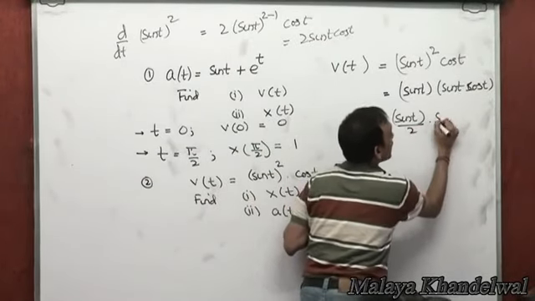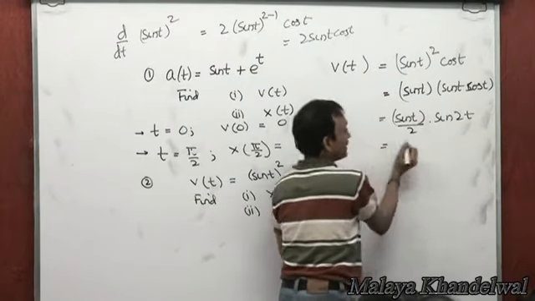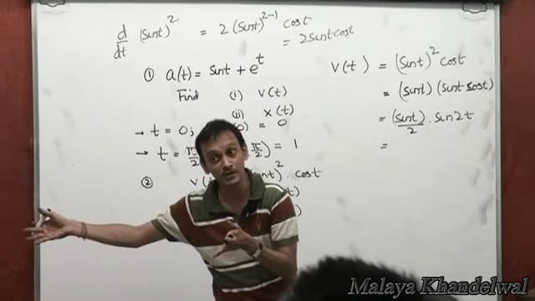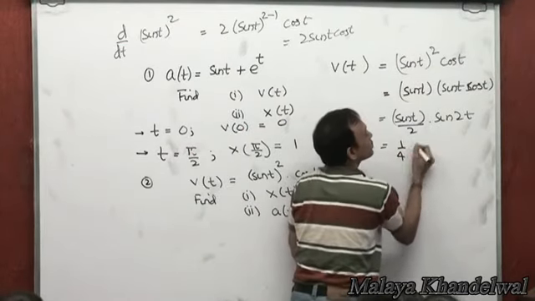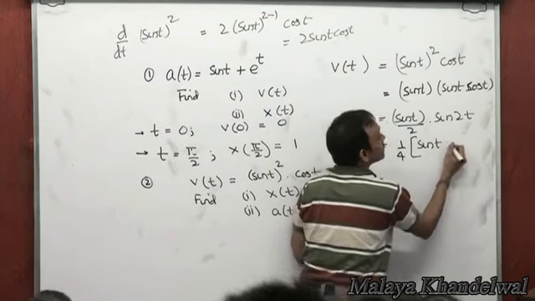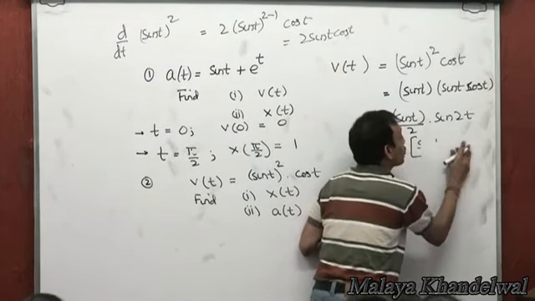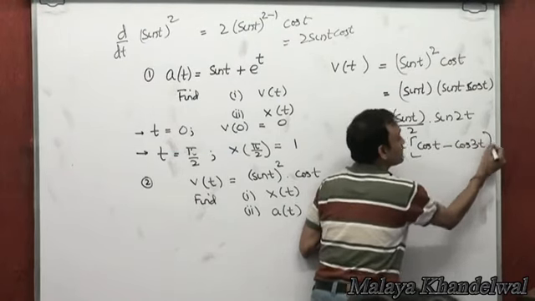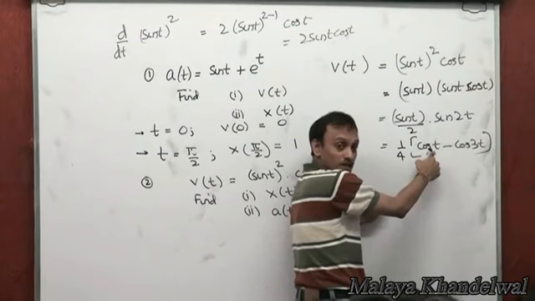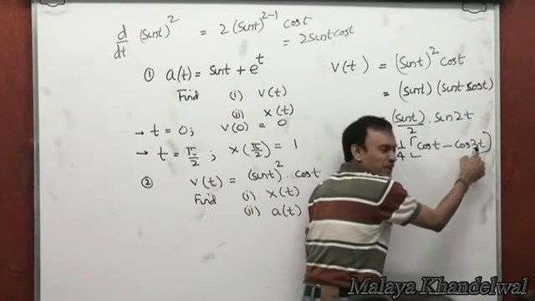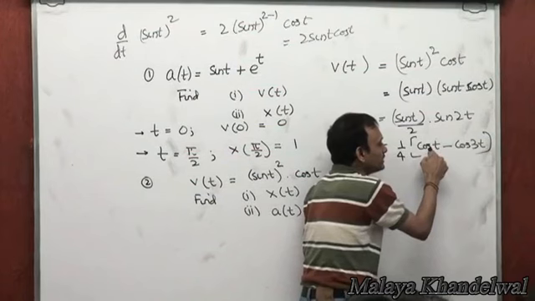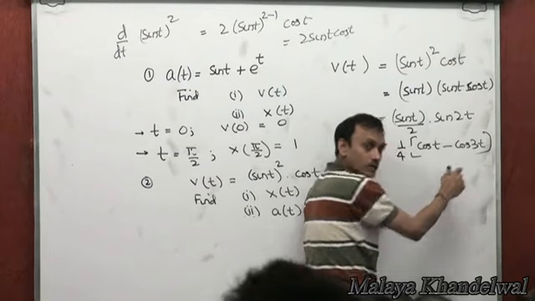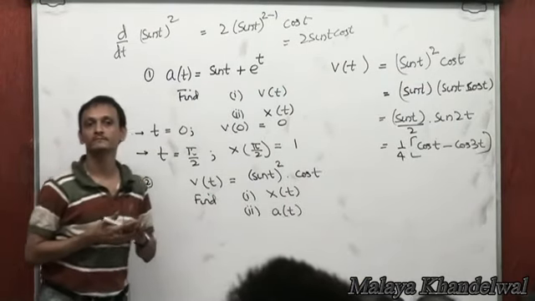And then our friend said it's like sin A sin B, half cos A minus B minus cos A plus B. Right? And then these were ready to integrate. When you integrate this, it will be sin t, and this will be sin 3t by 3. So good job done. Very good.